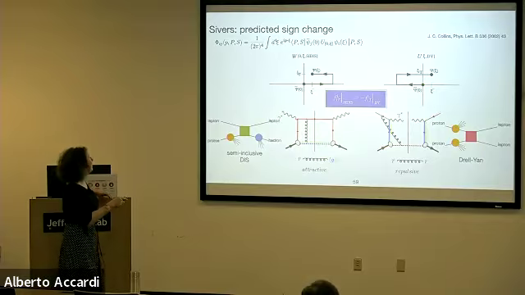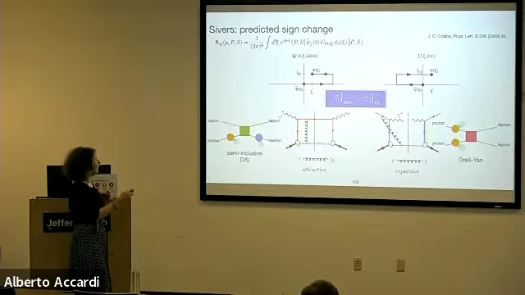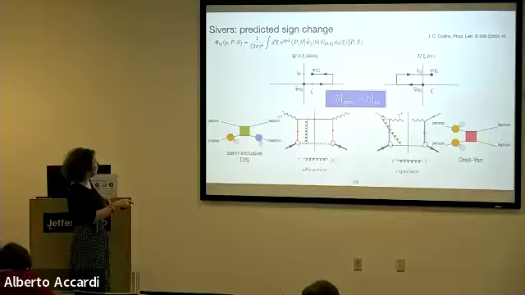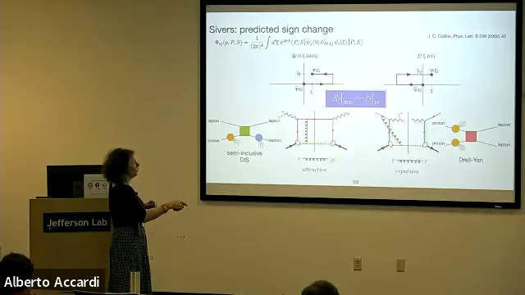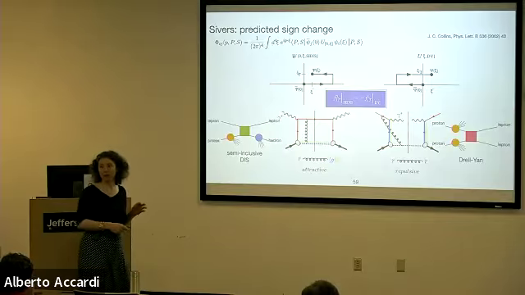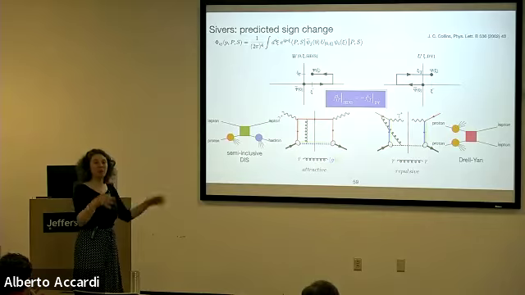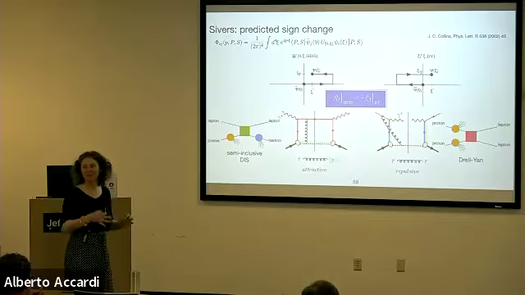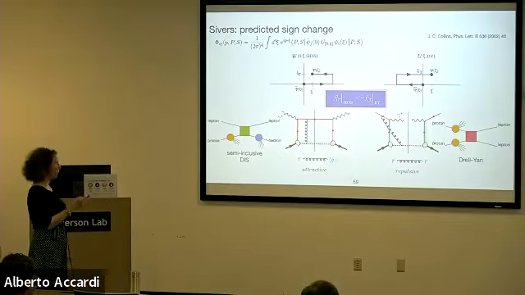Now, very formally, this goes with the insertion of a gauge link that you need to make your calculation gauge invariant. In the SIDIS case, your gauge link goes towards positive infinity, while in the Drell-Yan case, you go towards negative values, but that's very technical. There is a formal calculation behind this.